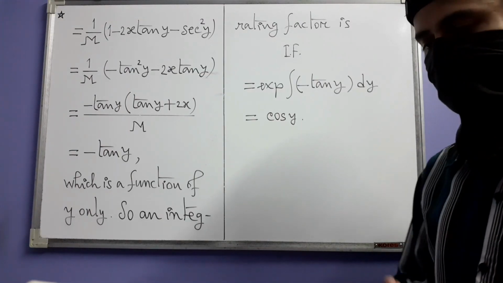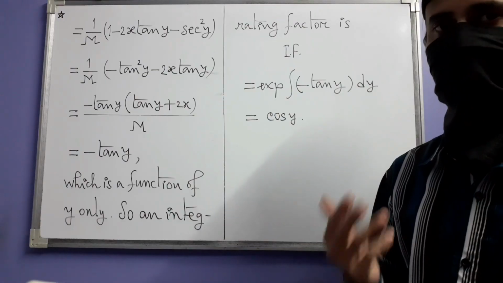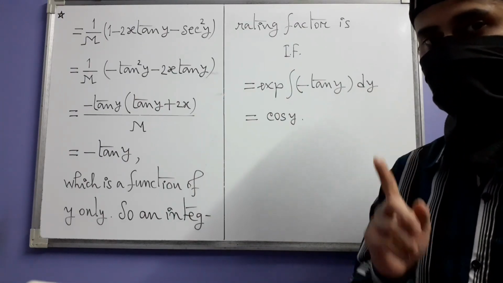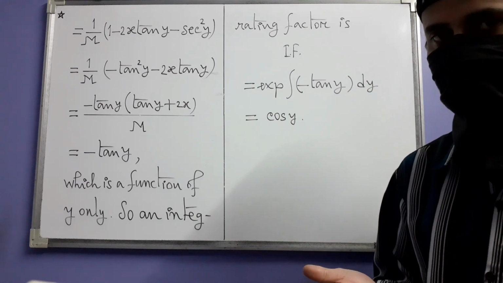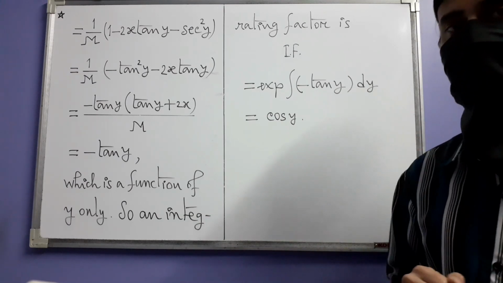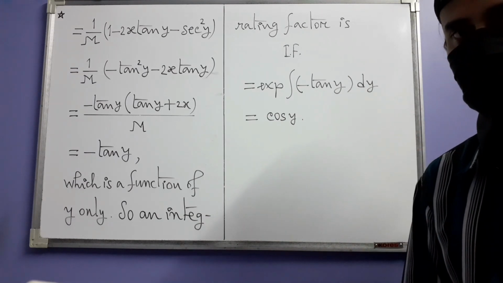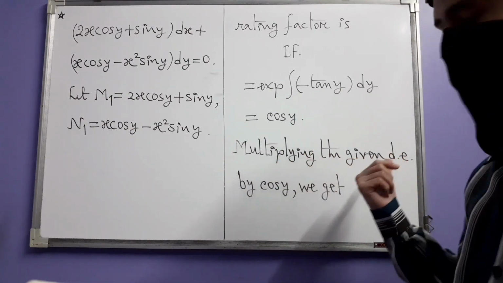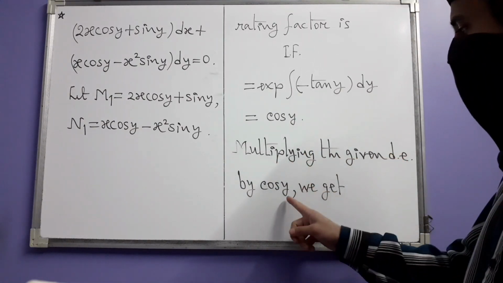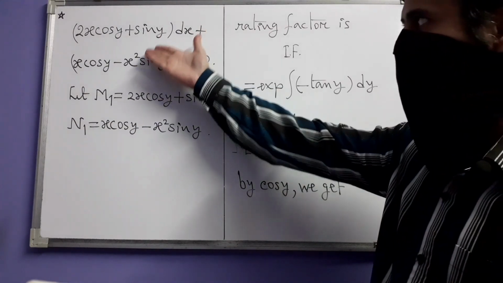Now we have to multiply the original equation on both sides by cos y, and that will turn the equation into another, equivalent equation, which will be exact, and then we can solve that. So we write accordingly, multiplying the given differential equation by cos y, we get this.